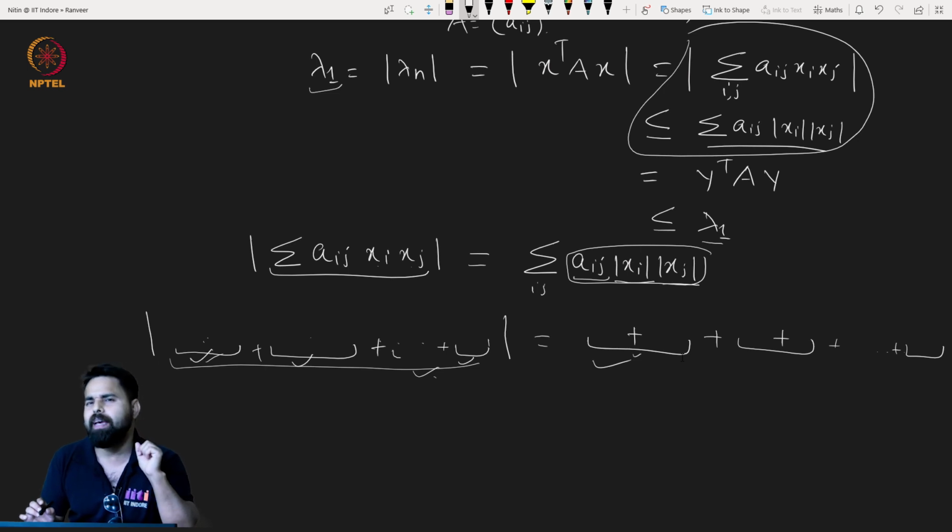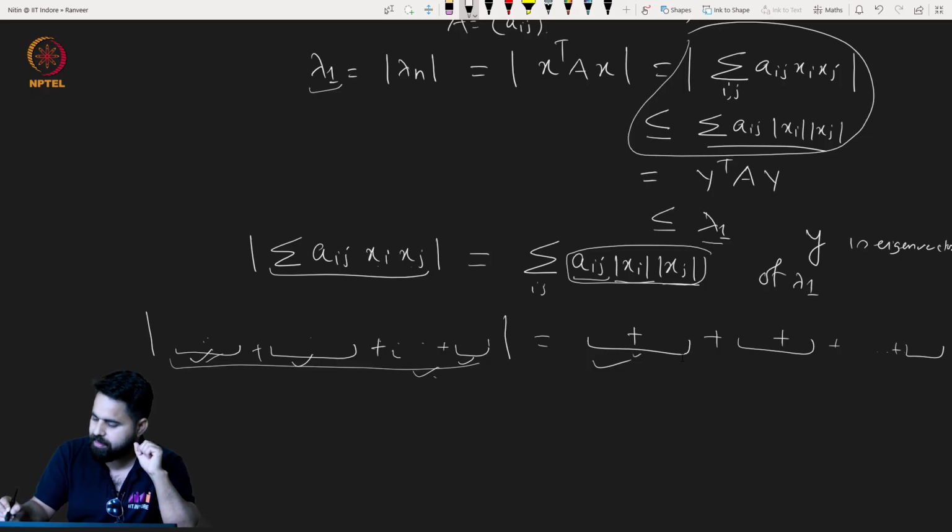This we have also seen. Because y here is nothing but the eigenvector of lambda 1. This is just by this, right? Because there is equality here, right? Eigenvector of lambda 1.